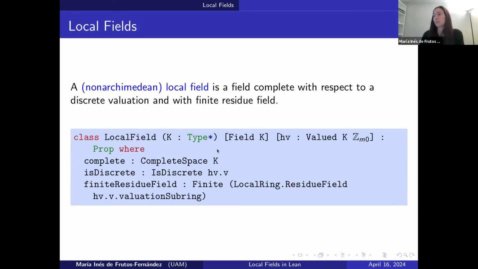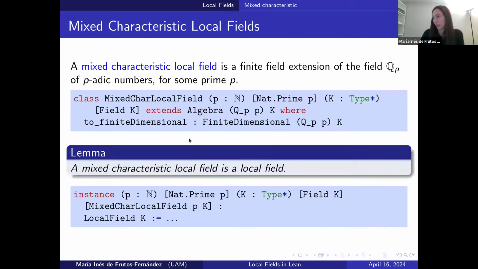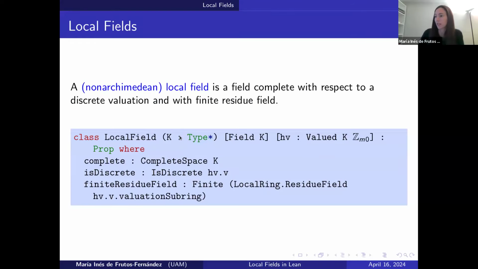So to do this in Lean, we fix a type K, which is a field and has a Valued instance. This means that it has a valuation from K to Γ₀, and I'm assuming that K is endowed with the topology induced by this valuation.